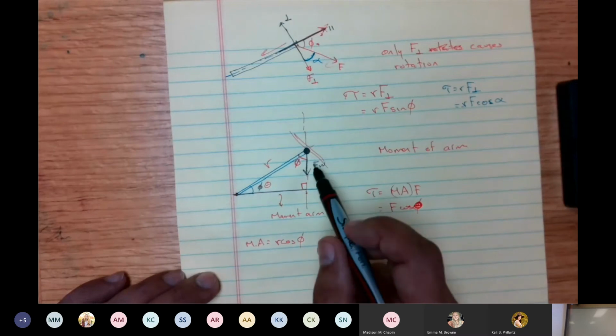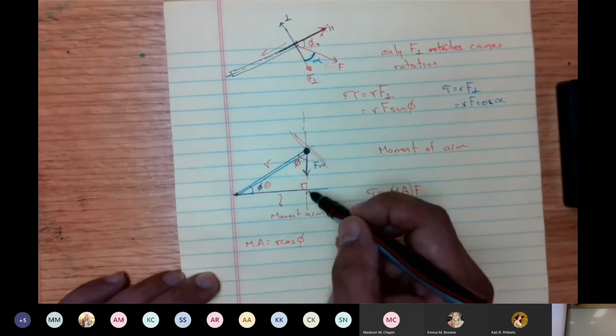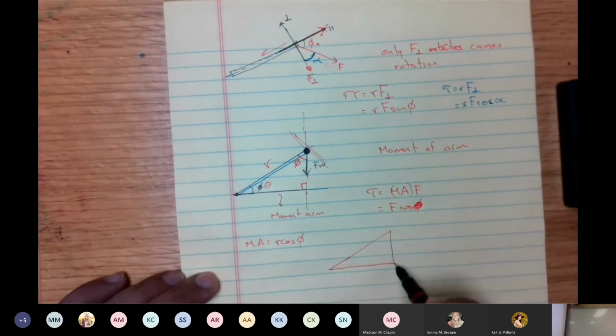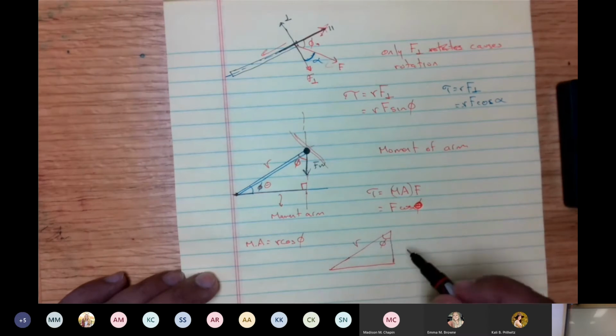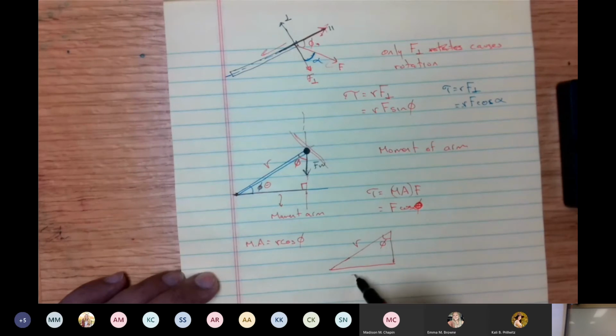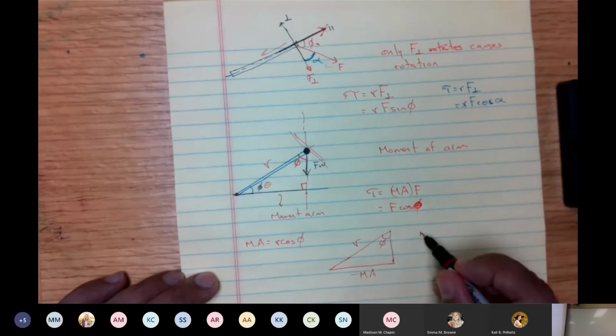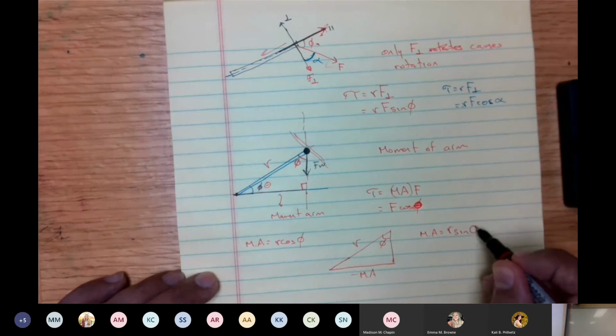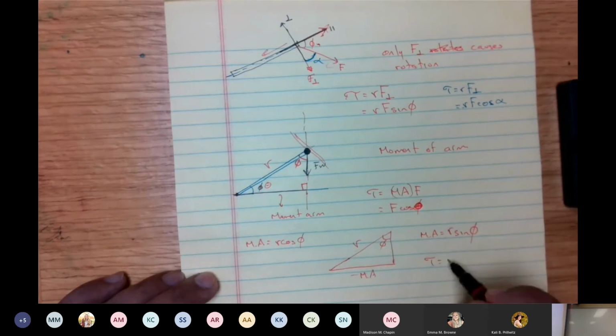And so in this right triangle, this is phi, this is R, and I want to calculate the length of this side over here, then MA will be R sine of phi. So your torque will be R sine of phi times F, which is what we had before.